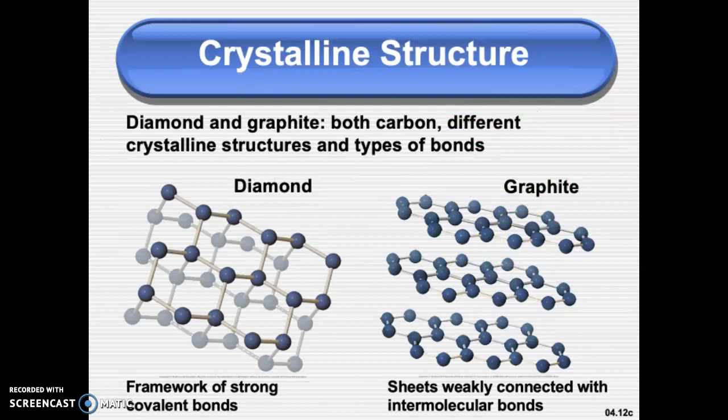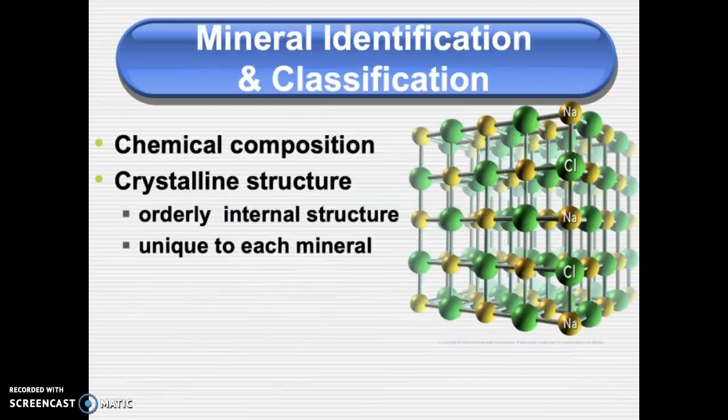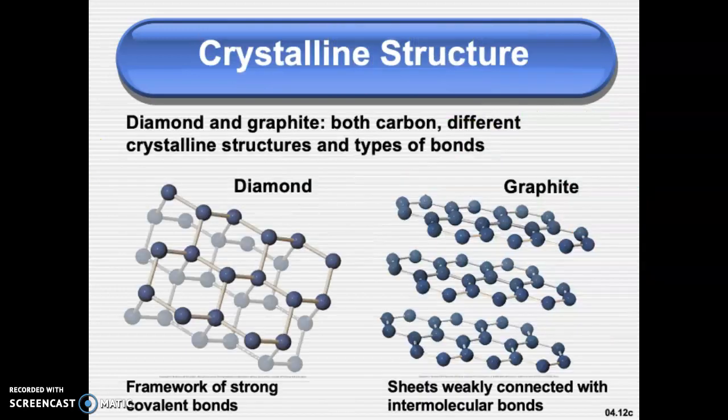If we go back to this, you'll notice it's chemical composition and crystalline structure. Here's an example of two minerals with exactly the same chemical composition. In this case, it's pure carbon. However, they have different crystalline structures and different types of bonds.